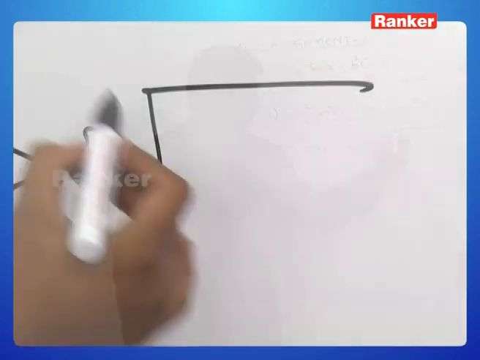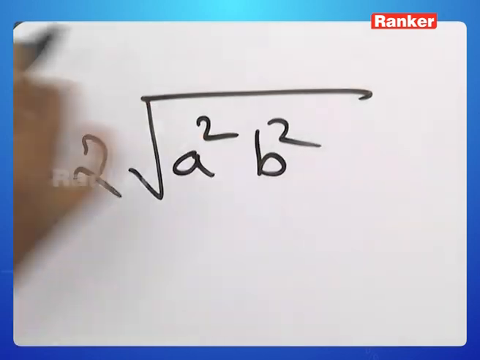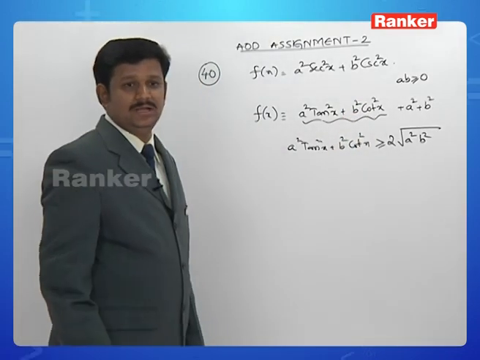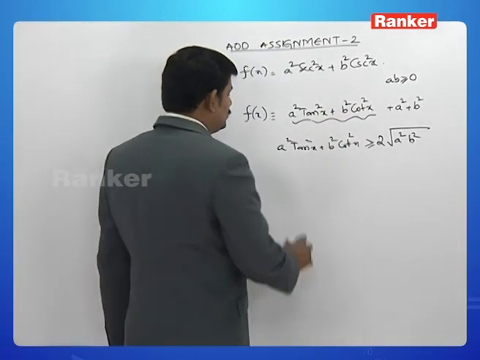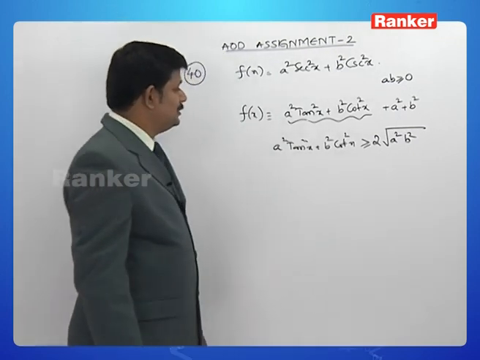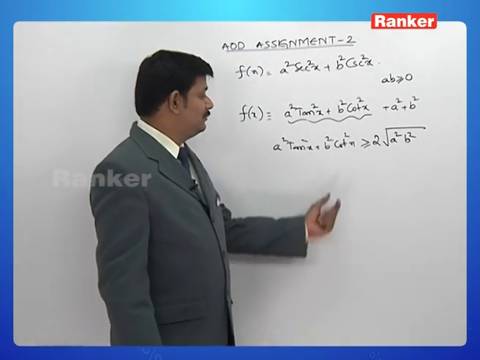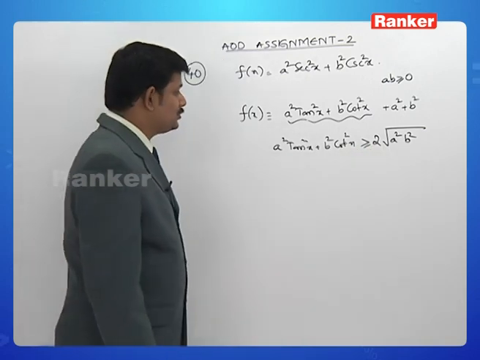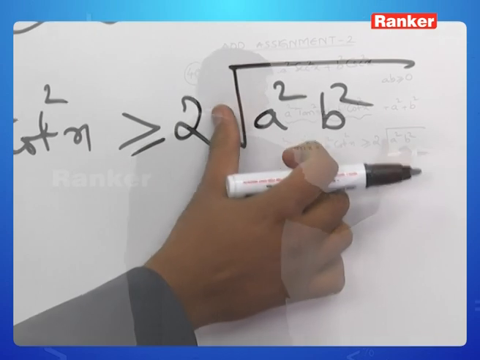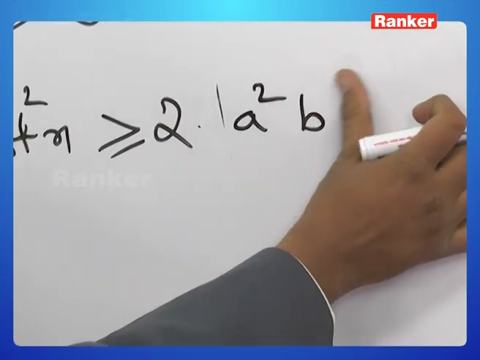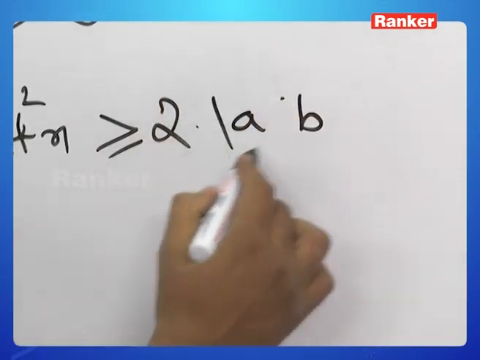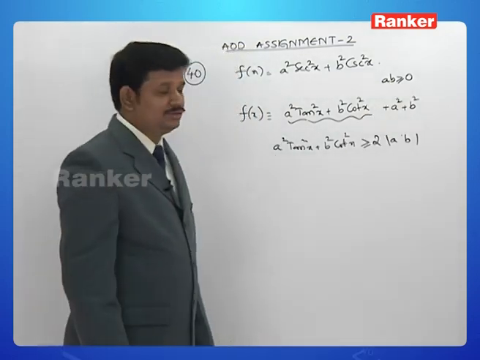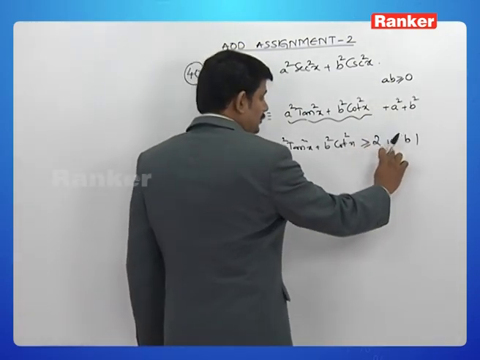So, product of these two numbers is a square b square tan square x into cot square x, which is 1. So, a square tan square x plus b square cot square x by AM-GM inequality will always be greater than or equal to 2 root over a square b square, which is 2 mod ab, and mod ab as ab is given to be greater than or equal to 0 will be ab.